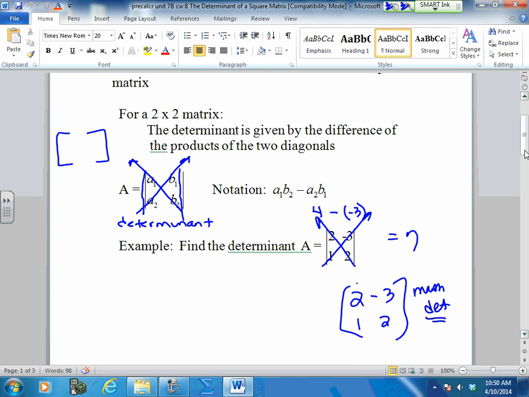No, I got 9. You got 9? Yeah. 4 plus 3? Check your matrix. Print out your matrix and make sure it looks like this. Anybody else? Did I get 7? You said DET? DET. The first one?